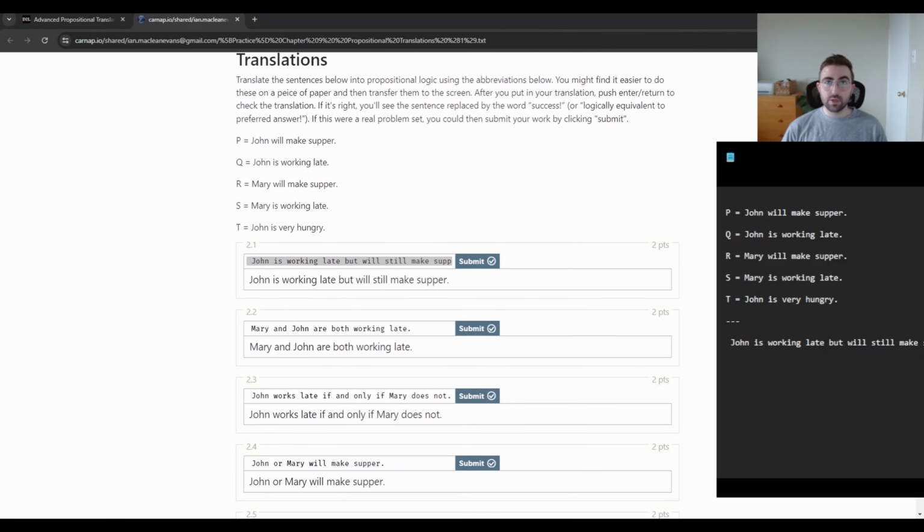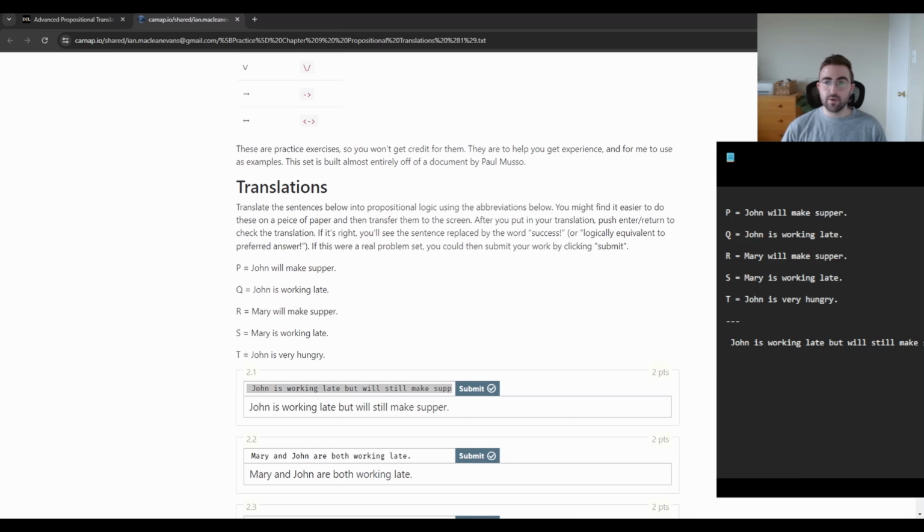So the first thing we want to do is replace stylistic variations of connectives, right? Well, we only really have one connective here. It's this but, and we have this weird sort of abbreviation going on. So we're going to translate, what is this? Well, first let's consider what this is saying. It's saying both that John is working late and that John will make supper, which are both things mentioned up here.